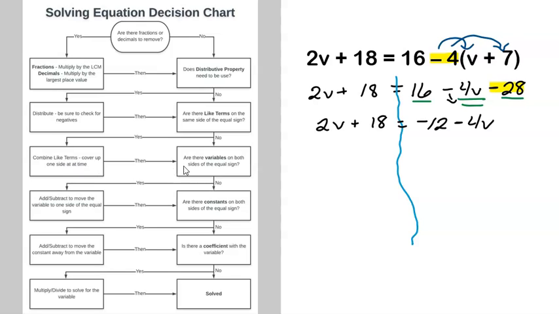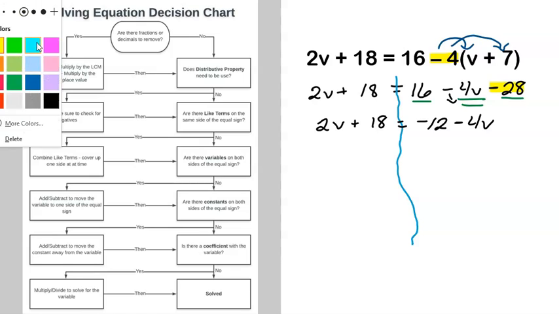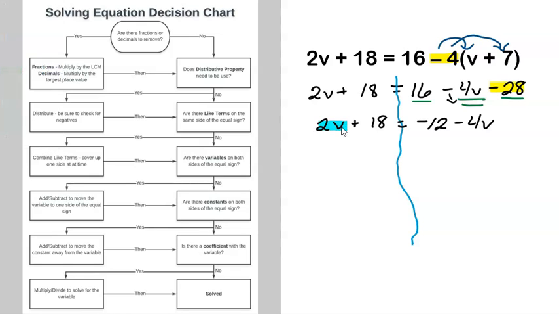Okay, so now my question becomes, are there variables on both sides of the equal sign? Well, as I begin to look, sure enough, I do see that I have a 2v here on the left, and I have a -4v on the right. Now again, we want to use inverse operations to move my variable to only one side.